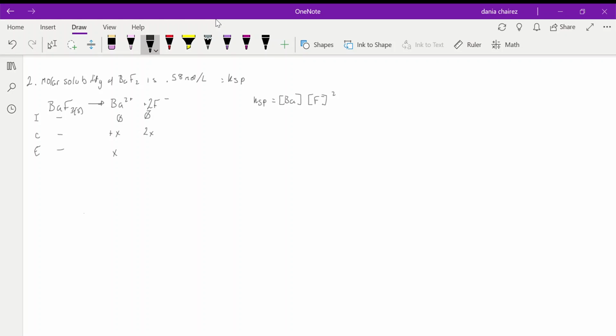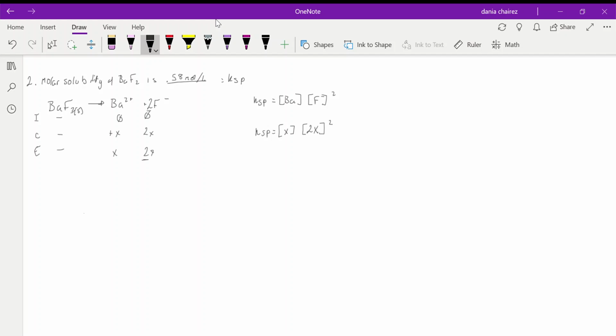So x and 2x, so Ksp is equal to x times 2x squared.